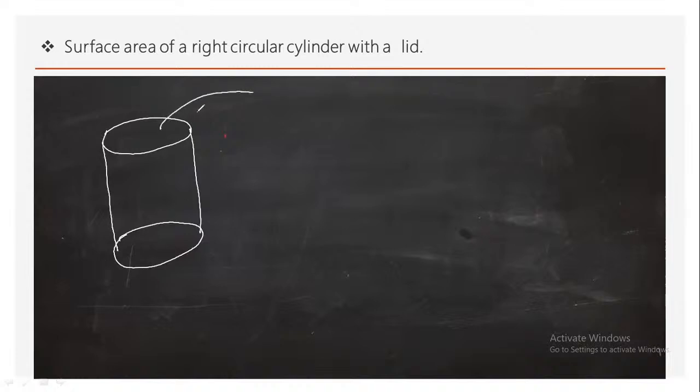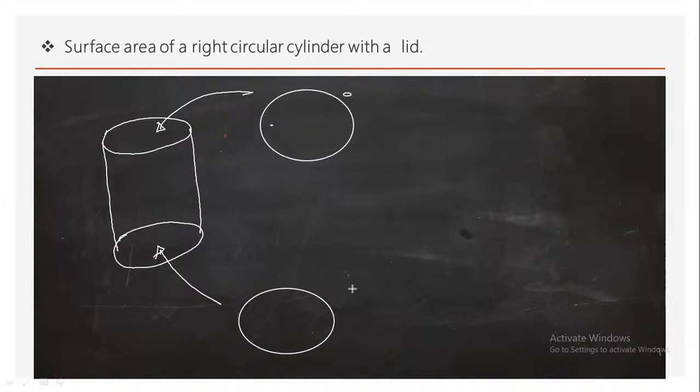This consists of two circular parts, and the curved surface. The curved surface consists of two portions: one is these two circular parts, which are equal, and the other one, I will cut along a generator and open this part like this.